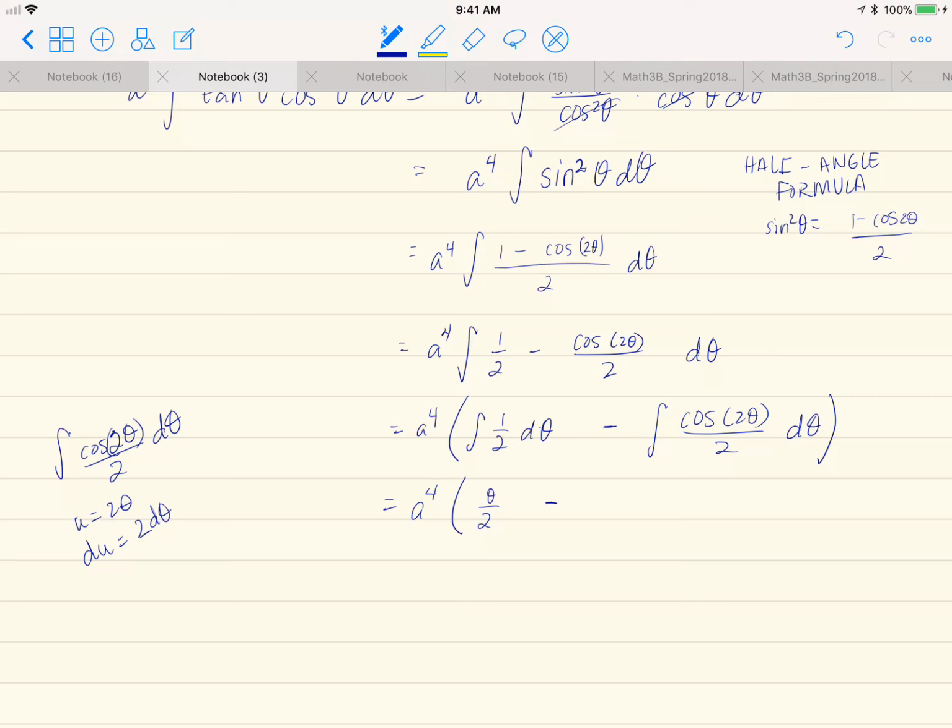So d theta is equal to 1/2 du. So this is going to equal the integral of 1/4 cosine of u du, which is 1/4 sine u, which is 1/4 sine 2 theta. So minus 1/4 sine 2 theta plus a constant. Okay.